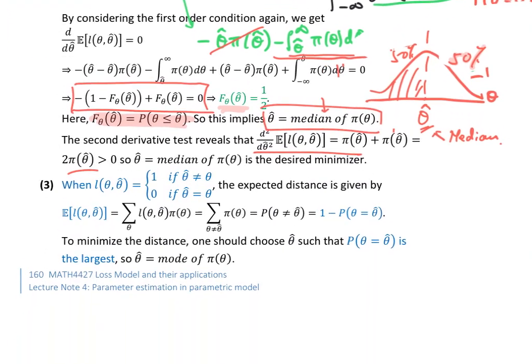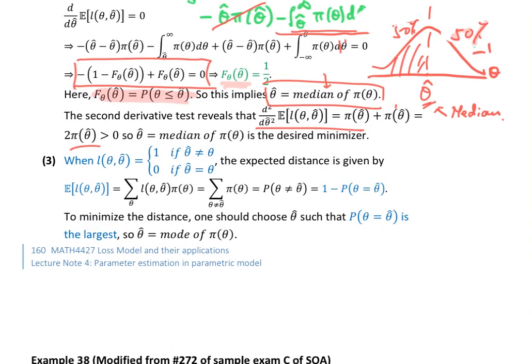Now lastly we will look at the case where you choose the 0-1 distance as your loss function. In that case, the expected value of your loss function is, by definition, just the loss function multiplied by the PDF, summed over all possible values of theta.